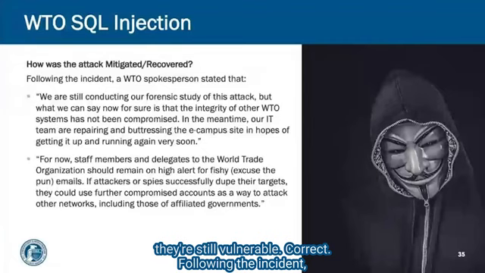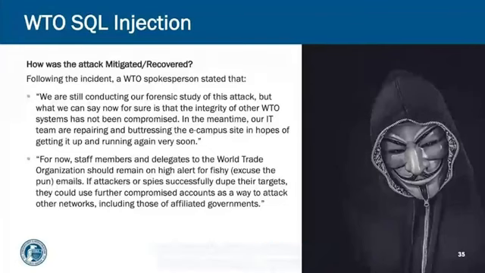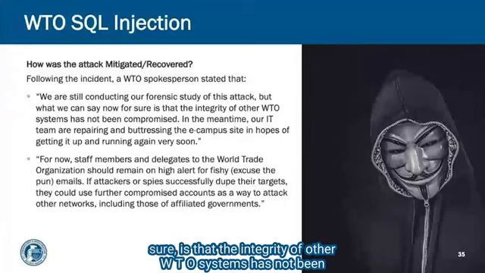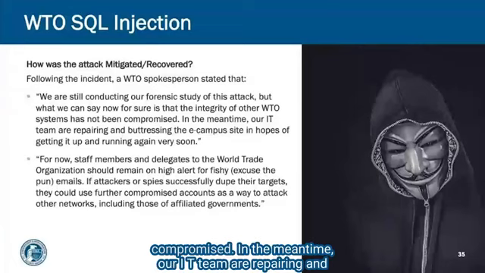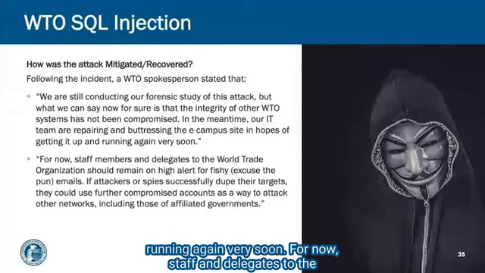Correct. Following the incident, a WTO spokesman stated that, quote, we are still conducting our forensic study of this attack, but what we can say now for sure is that the integrity of other WTO systems has not been compromised. In the meantime, our IT team are repairing and buttressing the eCampus site in hopes of getting it up and running again very soon.